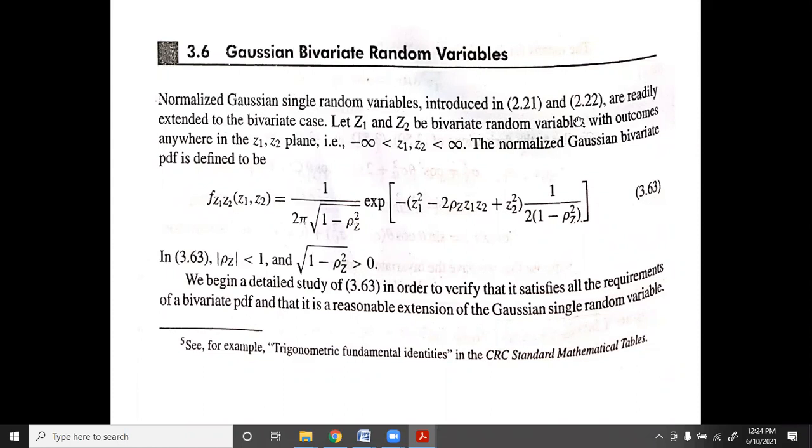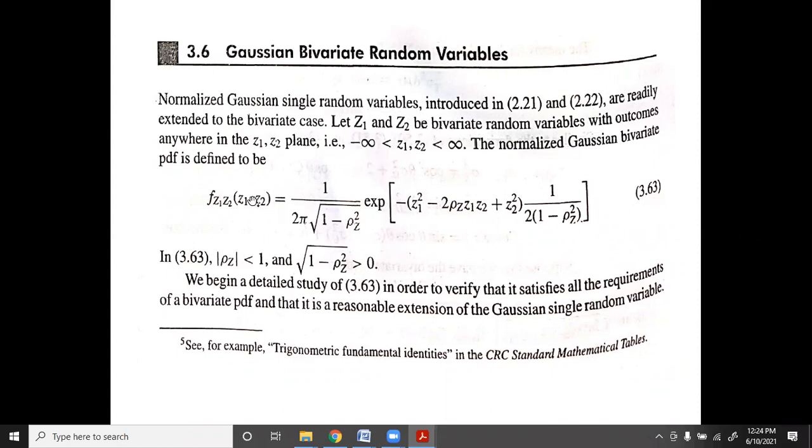Extending from there, consider Z1 and Z2 to be two bivariate random variables with outcome anywhere in the Z1, Z2 plane, where the range of values of Z1 and Z2 is minus infinity to infinity.